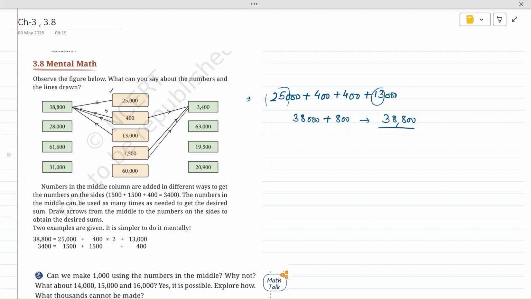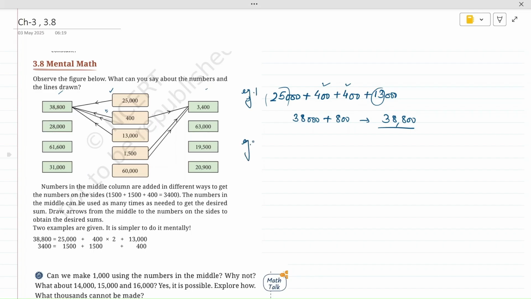So these lines show us which numbers are being used, and if we have two lines from the same number, that means that number is being added twice, like in the case of 400. Okay, so using the numbers in the middle, adding them, we are getting the numbers in the green here and here as well. So this was example 1 given to us.